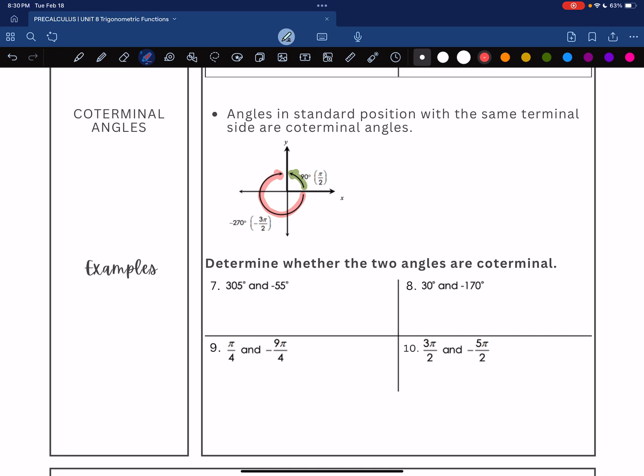So what we're going to do here is determine whether the 2 angles are coterminal to one another. Let's go ahead and see if this is true. How do we determine if they're coterminal? Well, check this out.